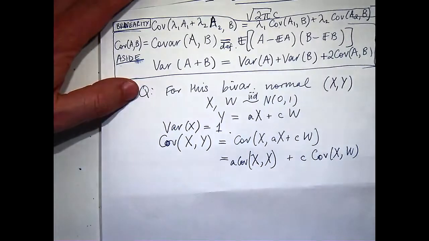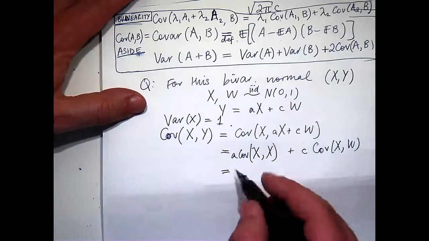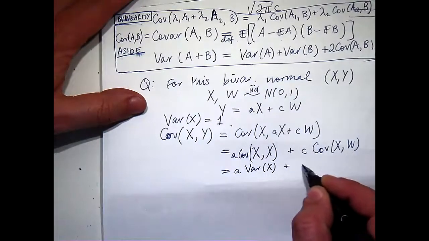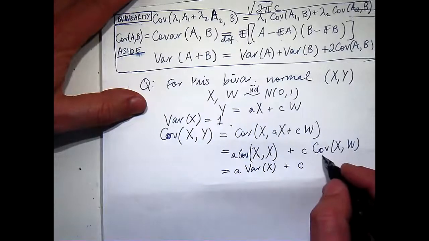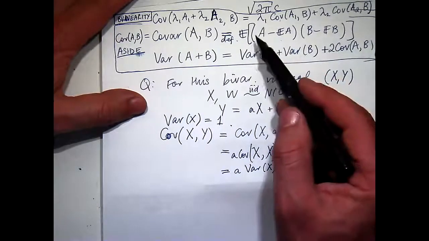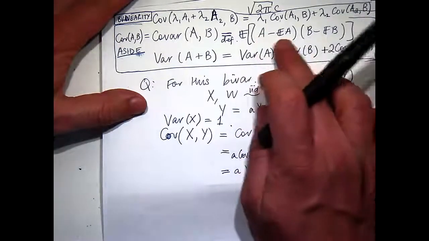Now covariance of X with X, that's A times the variance of X, of course, plus C times covariance of X with W. Now covariance of two variables that are independent is 0. If you're wondering why that's true, when A is independent of B, the same is true of the centered versions.